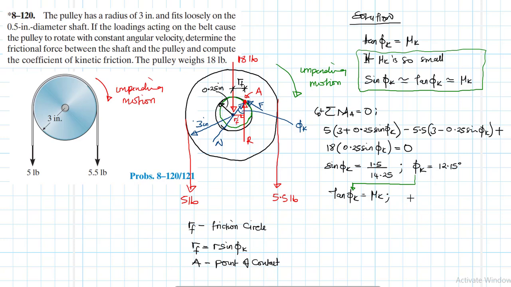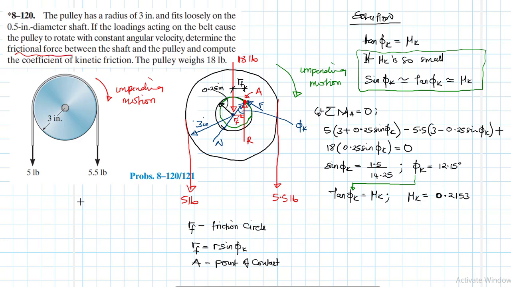Replacing phi k there, we'll find that our mu k is going to be equal to tan 12.15, which gives us 0.2153.